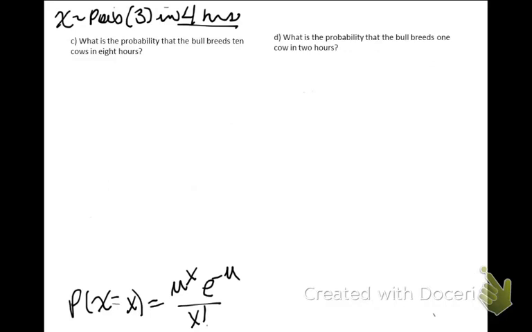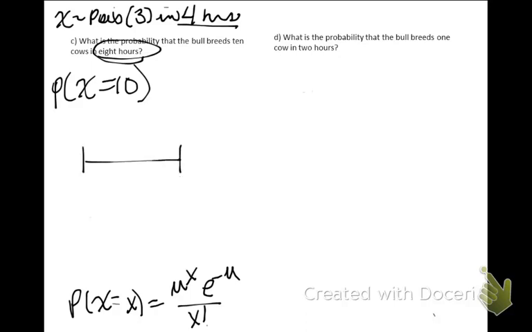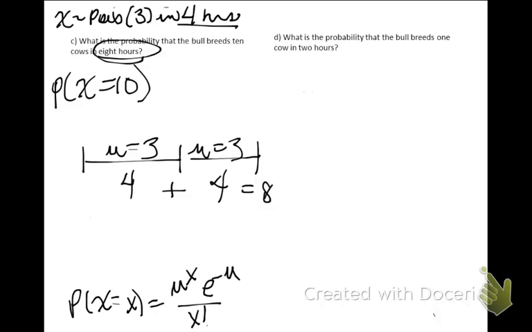What is the probability that the bull breeds 10 cows in 8 hours? And 8 doesn't match our interval of 4. So from here to here, here's a 4-hour interval, and the average was 3 in this 4-hour interval. Here's a second 4-hour interval, and again the average was 3. So in a 4 plus 4, in an 8-hour interval, the average should be 3 plus 3, the average should be 6.